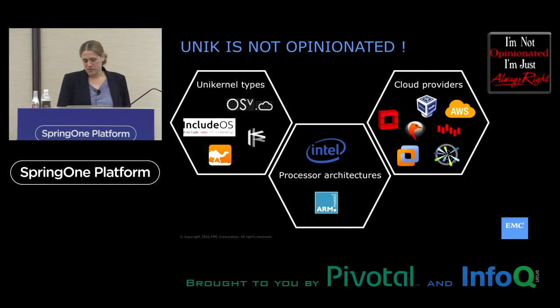So this is the most important slide in my opinion. What's special about this slide is that when we did it, it was very important to us not to be opinionated. We felt that this is very important if we want to build a community around it. So we were very inspired by the Kubernetes architecture, which means that everything is pluggable through interfaces, so that you can easily swap things.